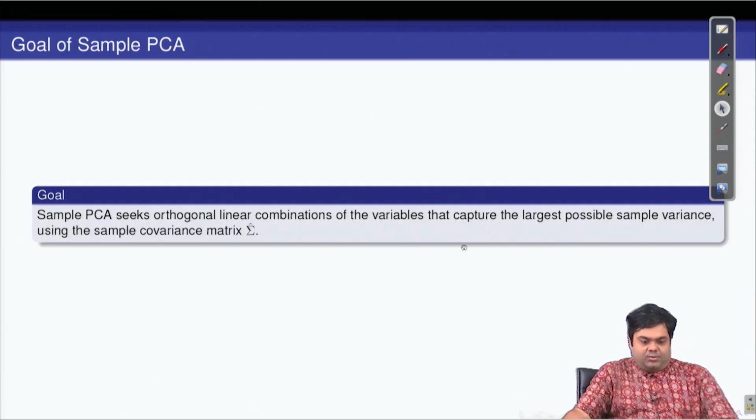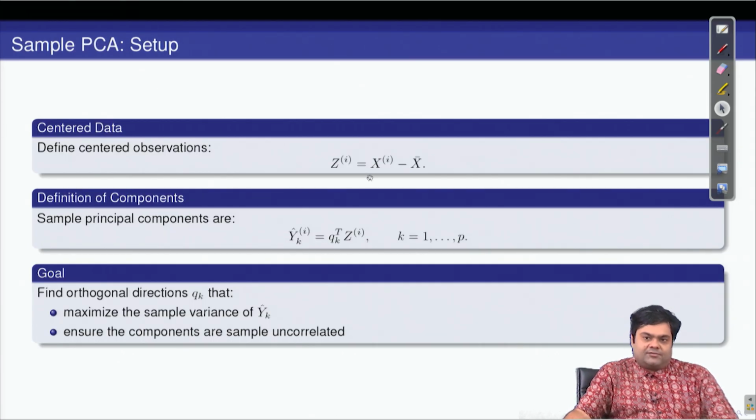So, let us quickly get into this. First of all, using the same philosophy, you center the observations. You subtract the sample mean from each data point, and basically replace the xi's by zi's, these are your new data points. The kth sample principal component will be a direction q_k, and you will do a change of variable towards that direction.